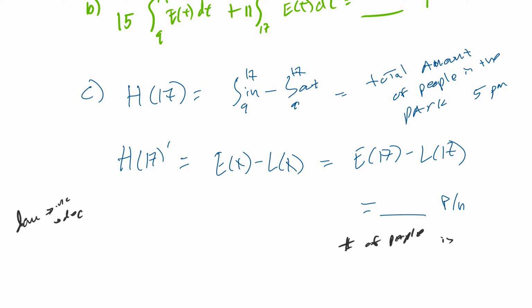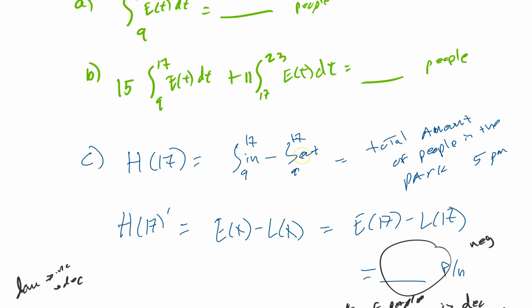Remember, you have to plug these values in your calculator. I believe this answer is actually negative when you plug it in. So the number of people at the park is decreasing at t equals 17, or at 5 p.m. Either one's fine. H is our total amount of people in the park. You took a derivative, so you're talking about increasing or decreasing, and it all depends on what sign you get. So that's C.